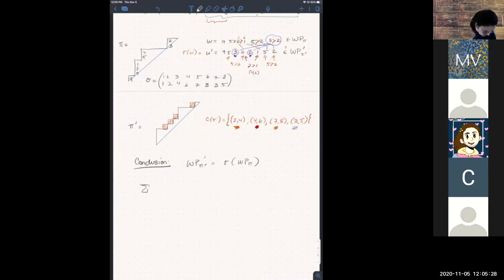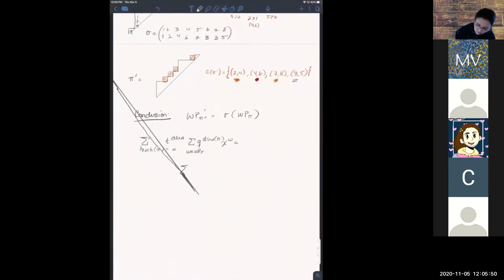And if you take the sum over touch pi equal to alpha of t to the area, which was the right-hand side of the compositional shuffle conjecture that we were interested in, div pi x of w, w in word parking functions, this is really the same as t to the bounce, because this is bounce pi prime, where we're summing touch becomes touch prime of pi prime equal to alpha.